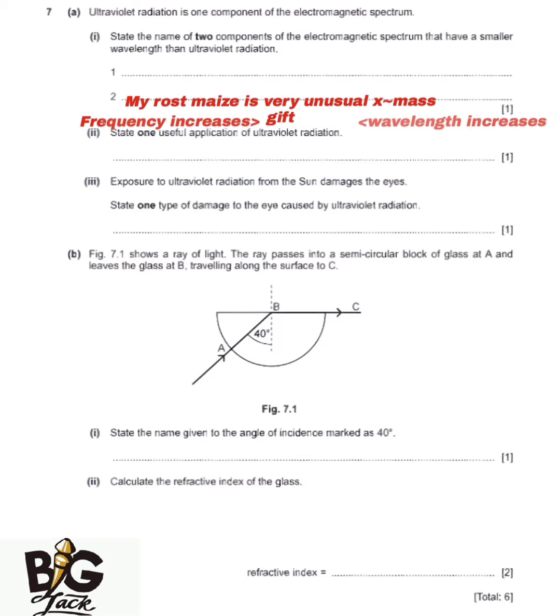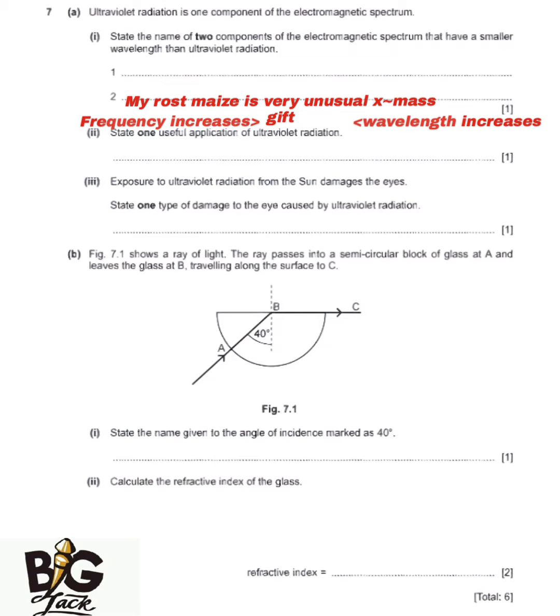So radio wave has a long wavelength, then as for gamma, it has a shorter wavelength. But when you move from radio wave to gamma, the frequency increases, which means gamma rays have high frequency, and radio wave has low frequency.